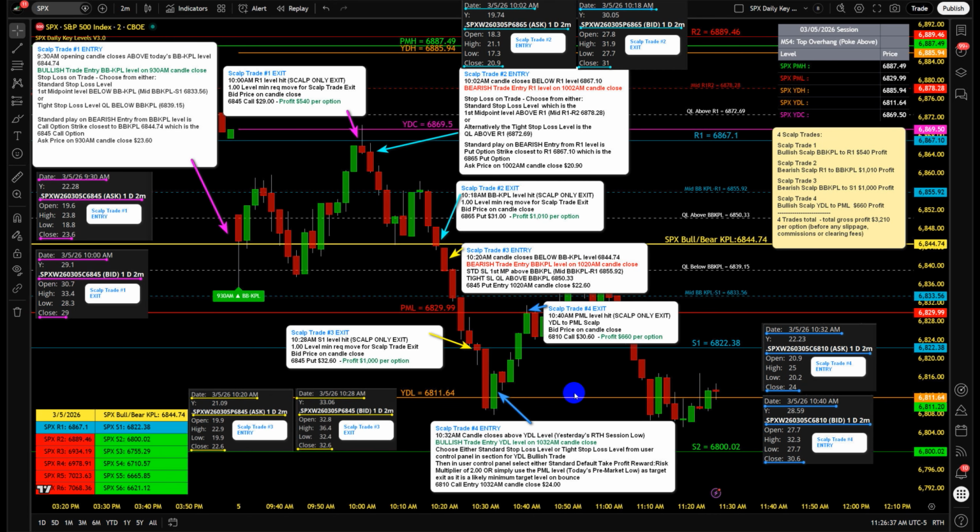However, this indicator does perform at the 9:30 open a market structure scenario analysis for the SPX session, and we'll display that on your chart if you enable that table display for that particular table at the first tick of the 9:30 a.m. open.